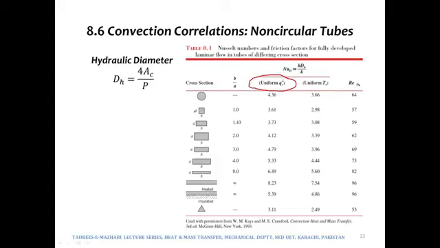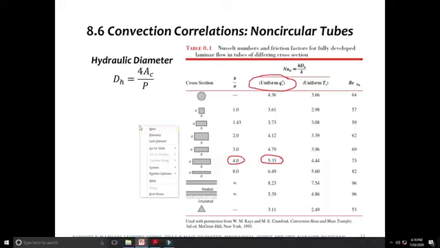All we need to do is find out A by B. So now in this case A by B would be calculated, and it is 4 millimeters on one side and 1 millimeter on the other side. So this would be the corresponding case, right? So B by A would be 4 millimeters by 1 millimeter, means 4. So then therefore the Nusselt number would be taken as 5.33, right?